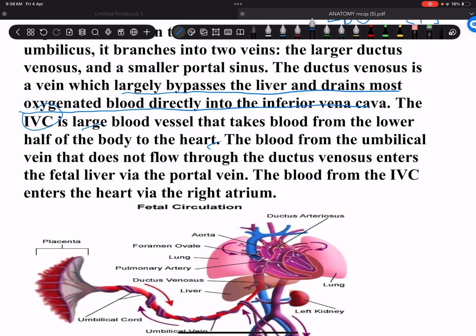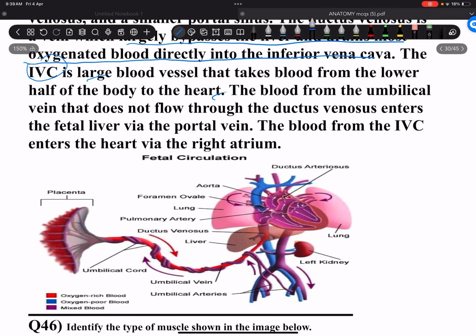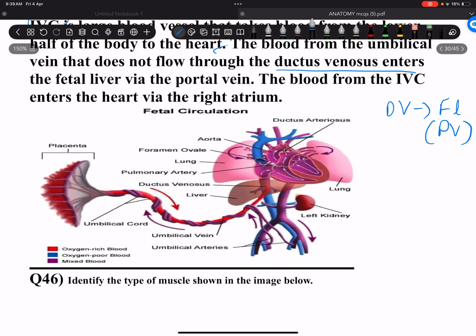The blood from the umbilical vein that does not flow through the ductus venosus will enter the fetal liver via the portal vein. The blood from the IVC enters the heart by the right atrium.